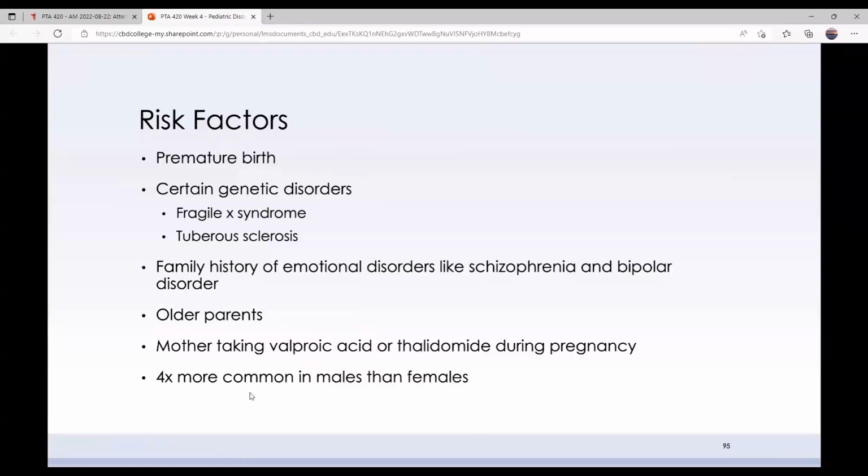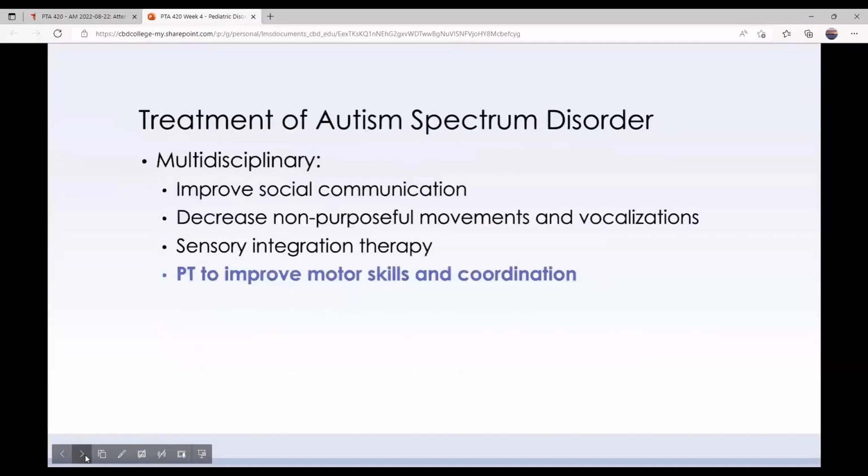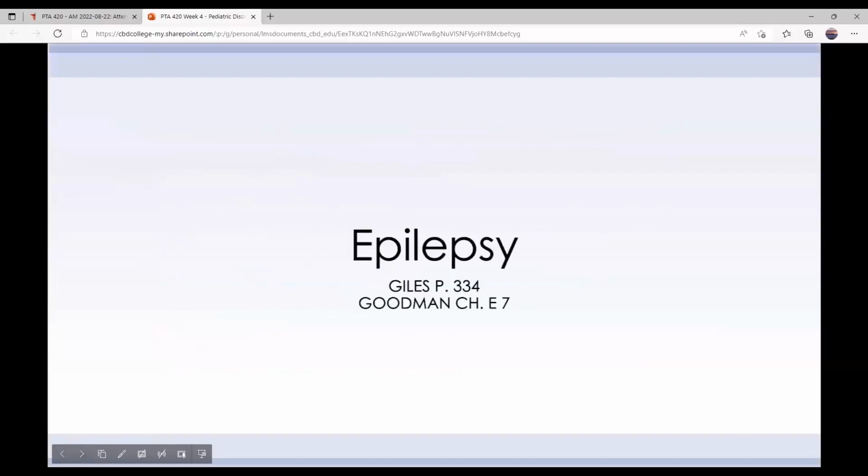It's more common in men than women and in older parents. And again, you usually start to see some symptoms around 2 to 3 years old. And again, a multidisciplinary approach here. Okay, any questions on autism or any of the cognitive, sensory?